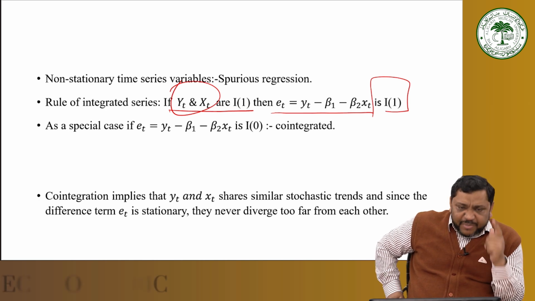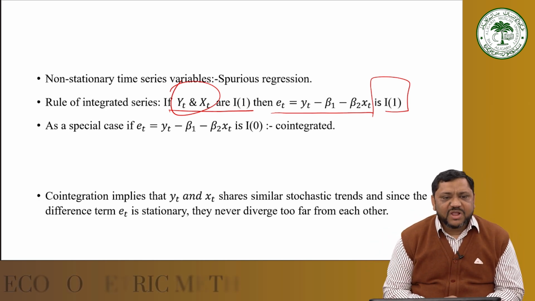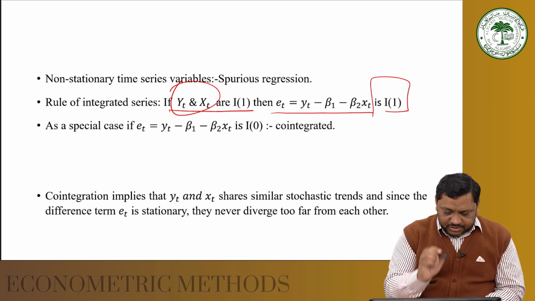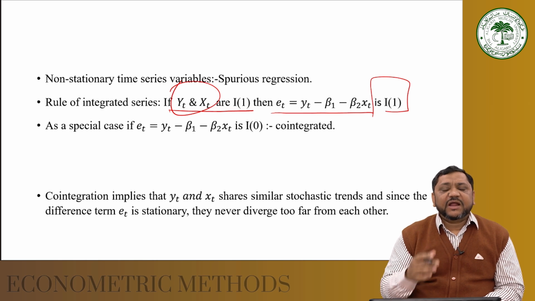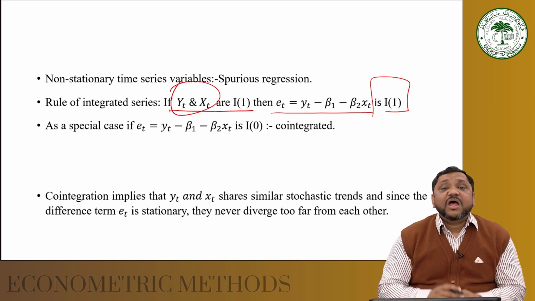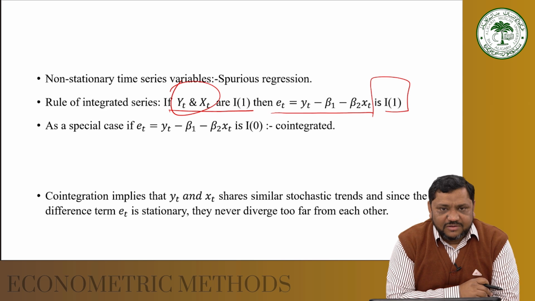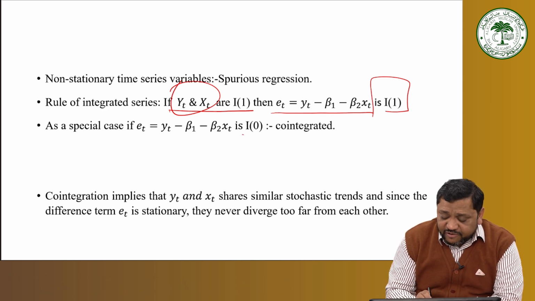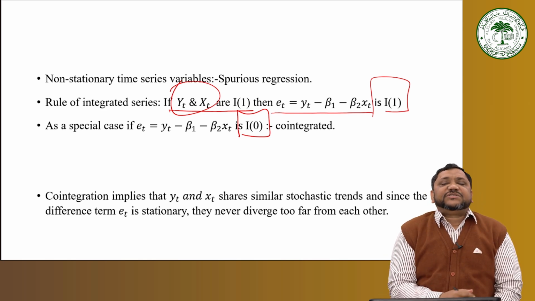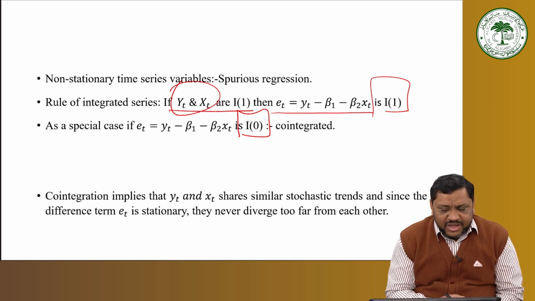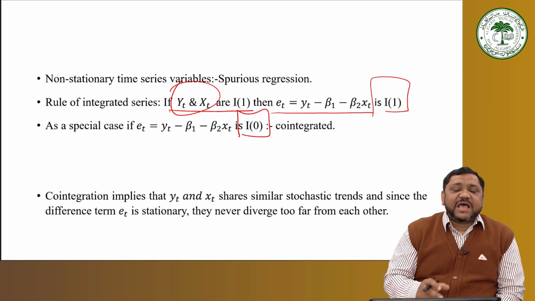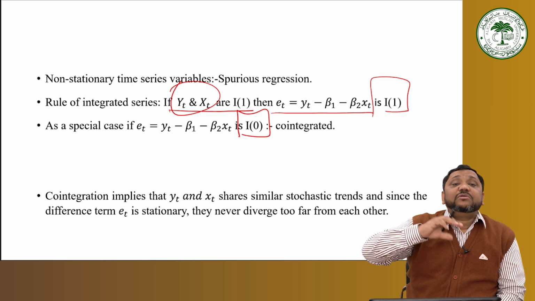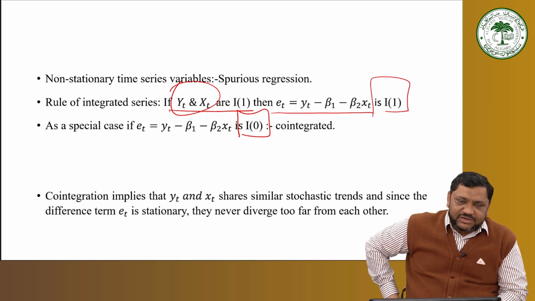But there is a special case: even if yt and xt are integrated of first order, there can be a case where a linear combination of them is not I1, rather I0. If that is the case, then we can do meaningful interpretation from these two non-stationary series.